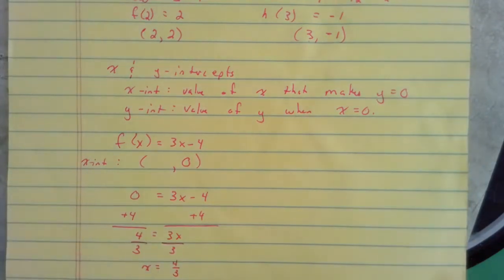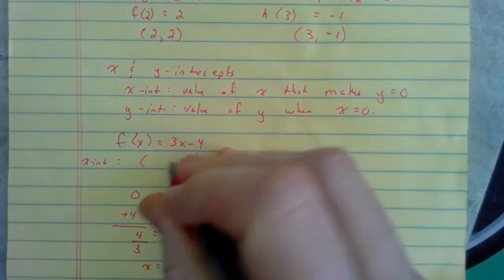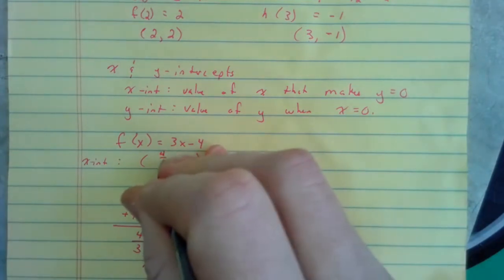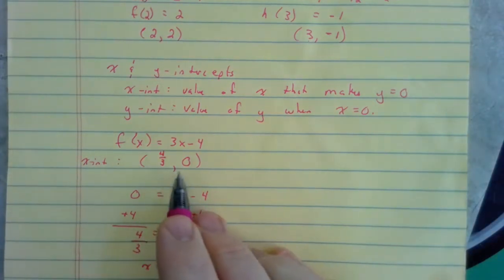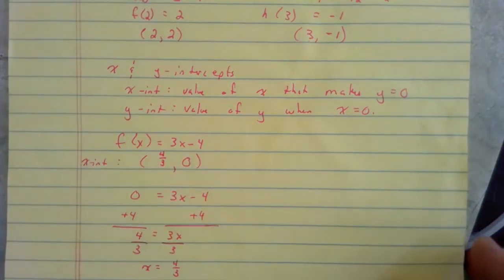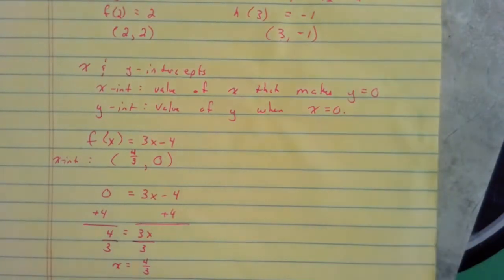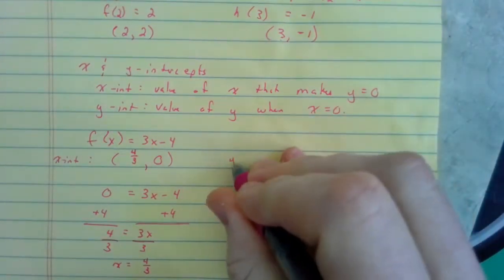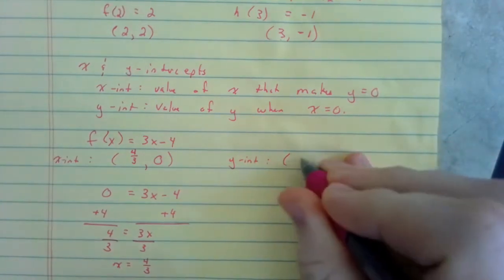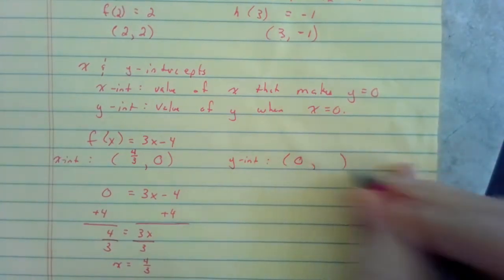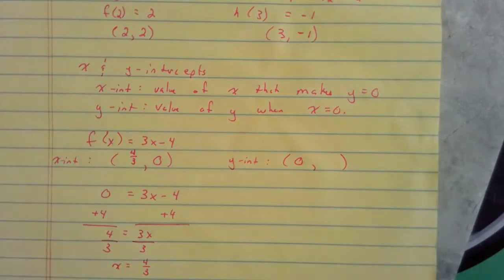So what that tells me is that my x-intercept is 4/3. Now be careful here. When you're writing x-intercepts, you should write them as ordered pairs. So here my x-intercept is (4/3, 0). Now if I want to find my y-intercept, that's even easier. For my y-intercept, I know my input is going to be 0, and I want to see what my output is going to be.